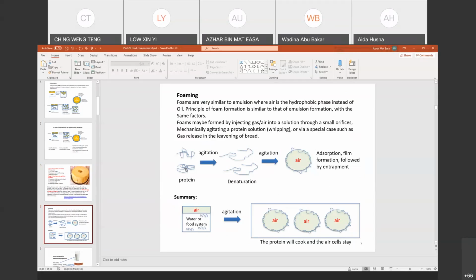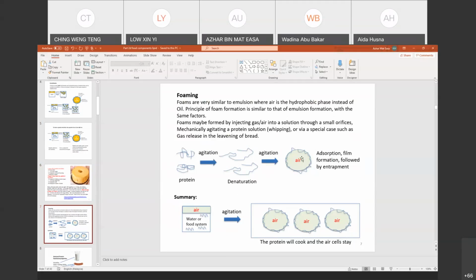So you have protein here, which is native, and then you perform agitation. You do some kind of very strong whipping, mechanical agitation, and then it becomes denatured. It's like heating. Because of more and more agitation, that protein, the denatured protein, will go to the air.